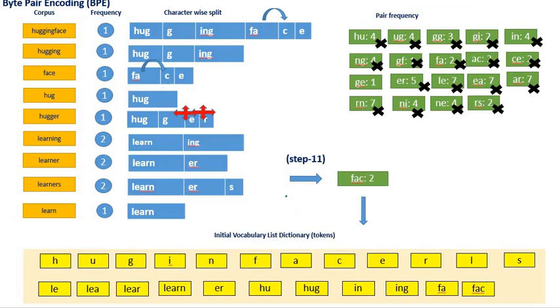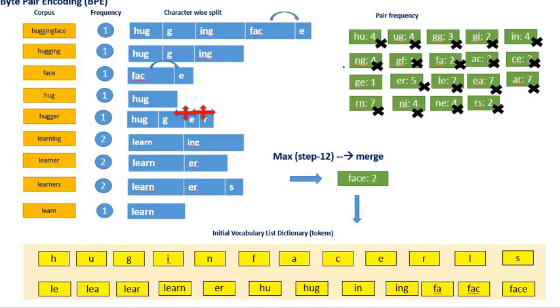Similarly here, write FAC, correct? So this is taken twice in this corpus and put here. Similarly, FACE is a final token here. Within this FACE you can check, FA, AC already taken care of.